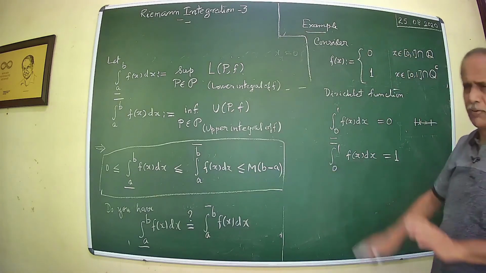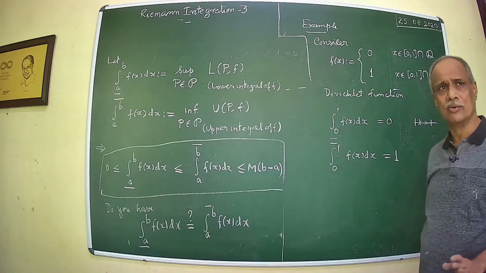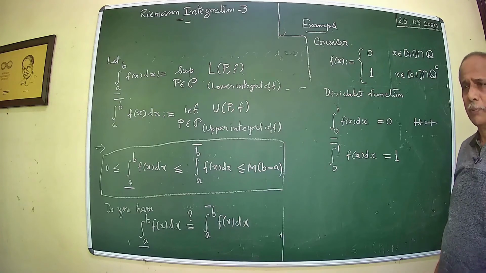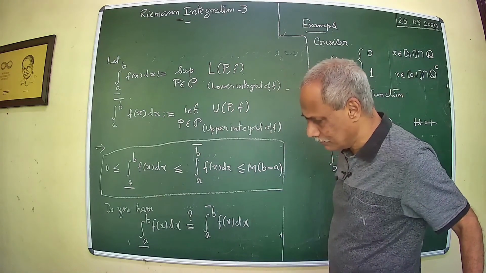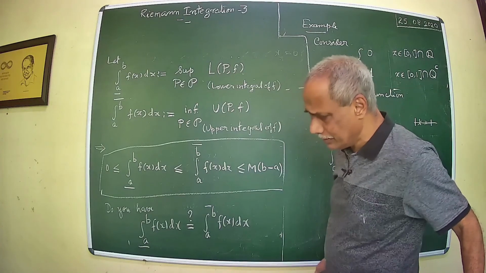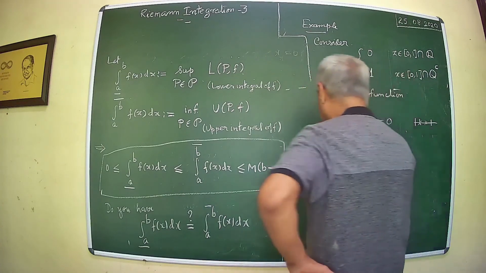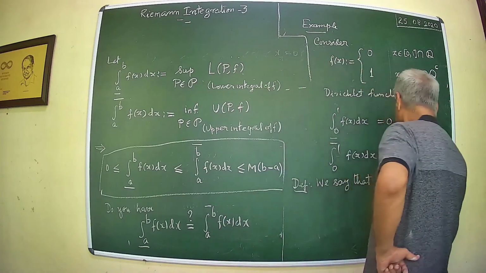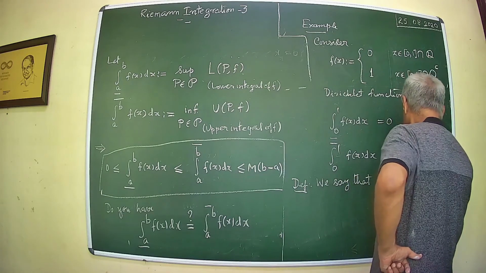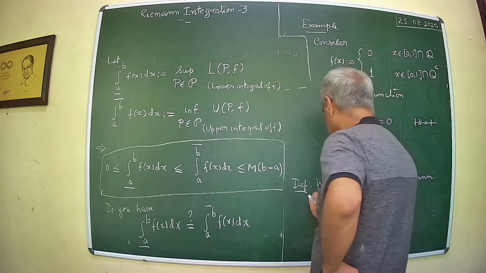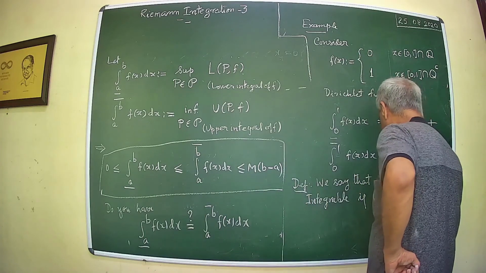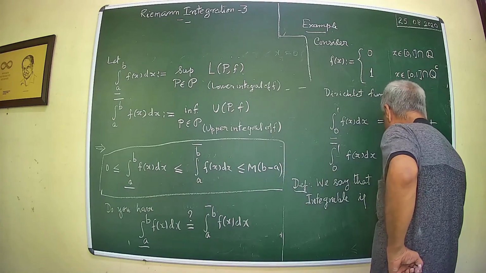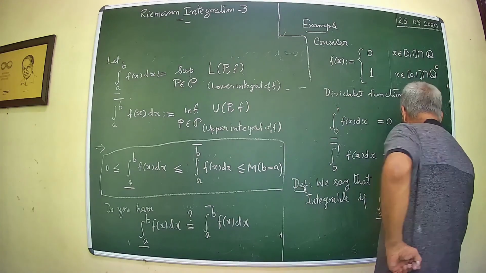But there are several functions where the lower integral could be equal to the upper integral. And in that case, we make a definition. F is Riemann integrable, or integrable in the sense of Riemann, if the lower integral is equal to the upper integral.